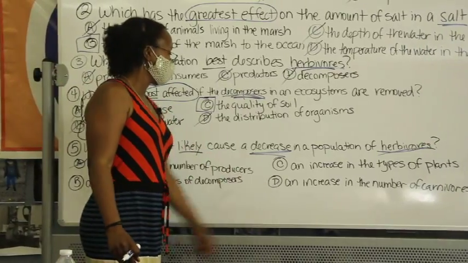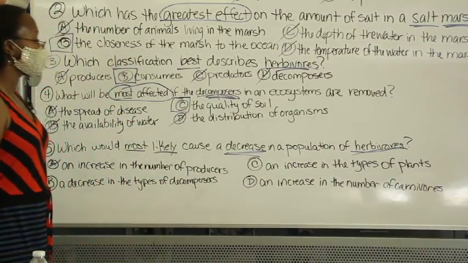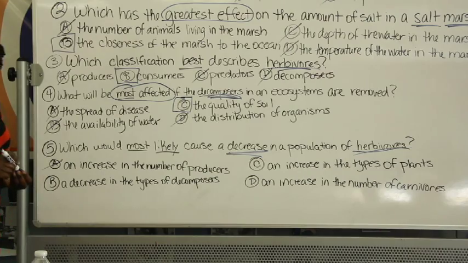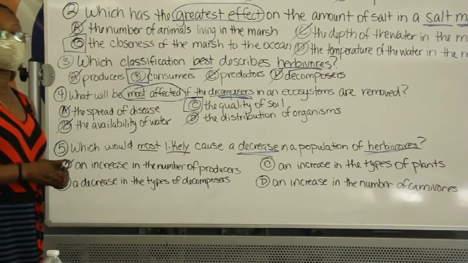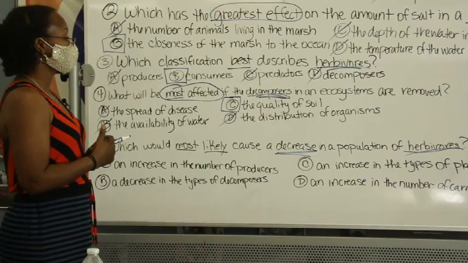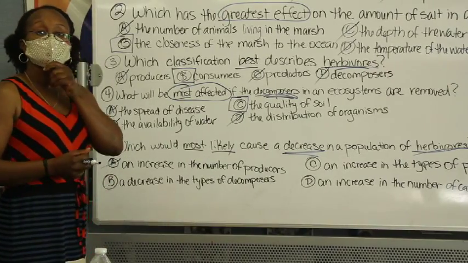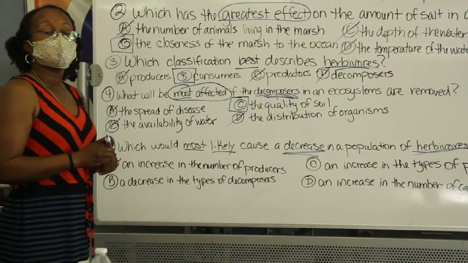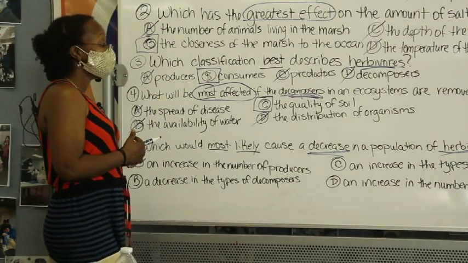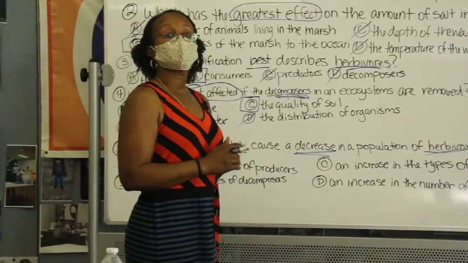Let's go to D, an increase in the number of carnivores. Carnivores eat animals. So if you have herbivores that are animals that are eating plants, but all of a sudden you have more animals that hunt other animals.